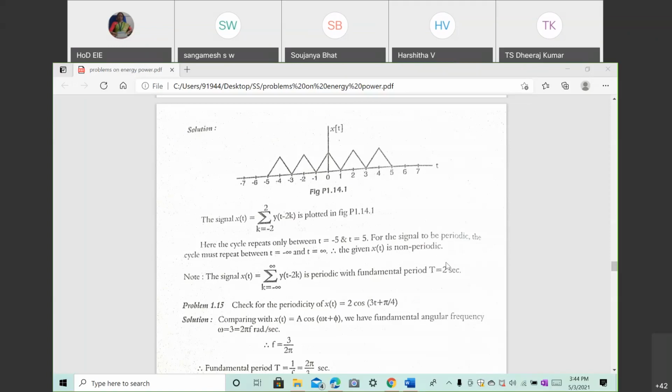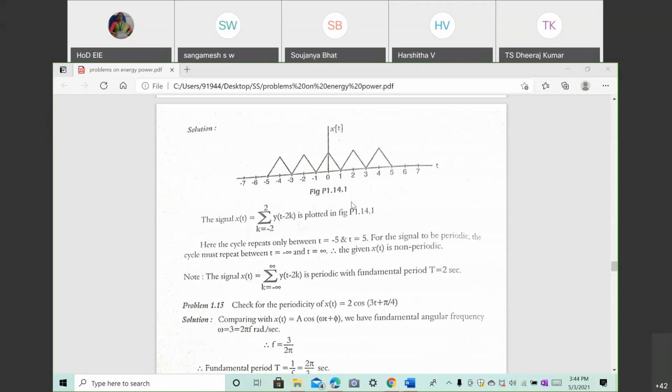And also, the signal x of t, summation k equal to minus infinity to infinity of y of t minus 2k, is periodic with fundamental period t equal to 2 seconds. You can see that minus 1 to 0, 0 to 1 is 2, 1 to 3 is 2, 3 to 5 is 2.